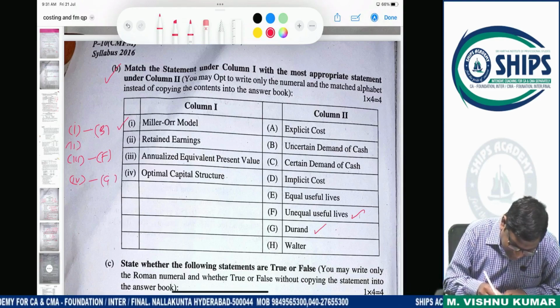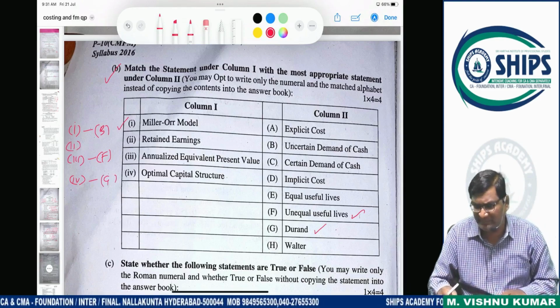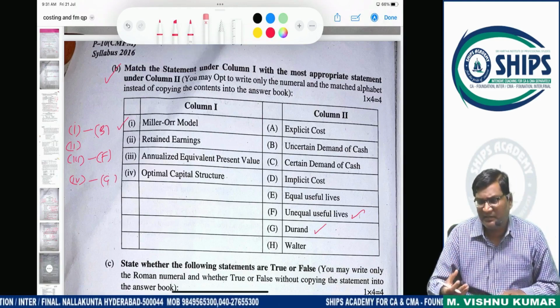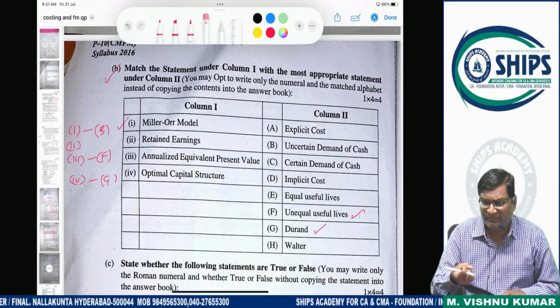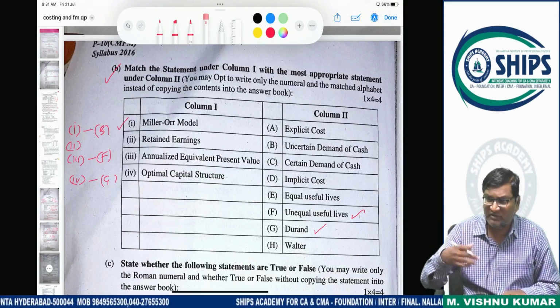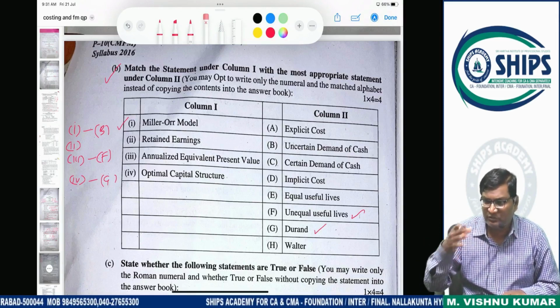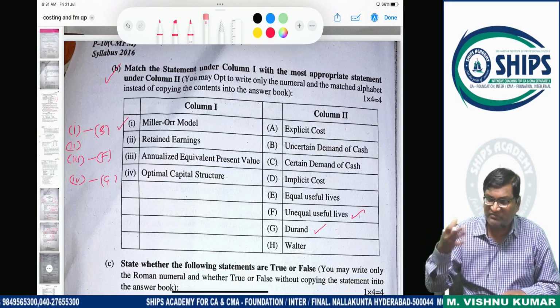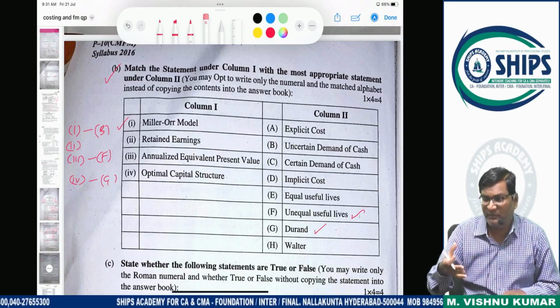Now second is very easy, that's why I postponed this explanation. Retained earnings is always the earnings available with the company on which they will not pay any actual cost. They can use these earnings for their reinvestment purpose in future. So this we will discuss in our dividend policy chapter also, and in our cost of capital topic also.